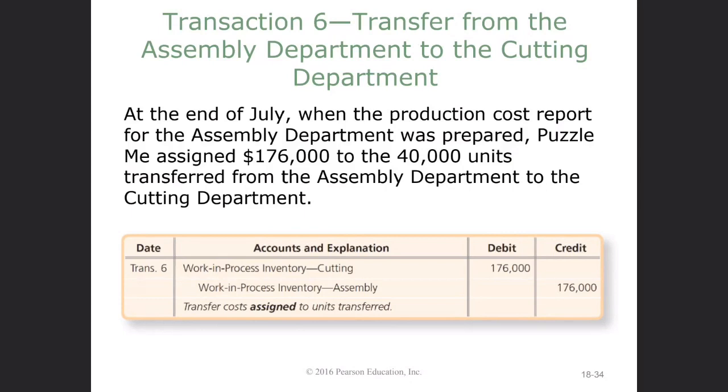You could add that to the notes if you wanted to, but I just wanted you to see. There will be some questions where you might, I don't want this to throw you off. So if you had a question about this particular scenario, I don't want you to sit there and wonder what you are supposed to do with the 40,000 units. Now there could be a question where you need it, but I just want you to go through that thought process, because in this case we did not need that for this journal entry.